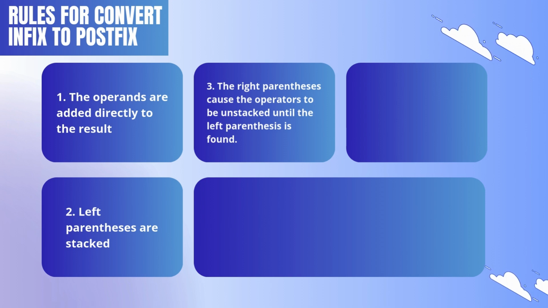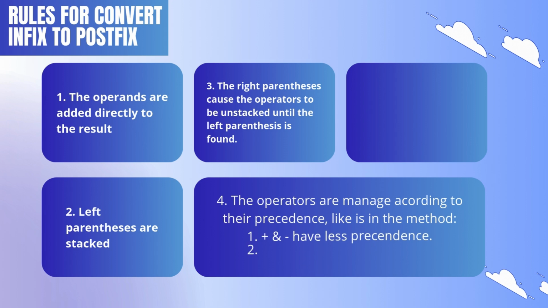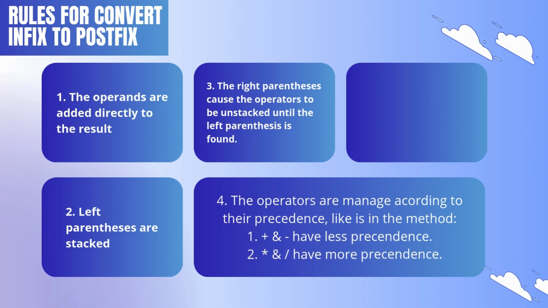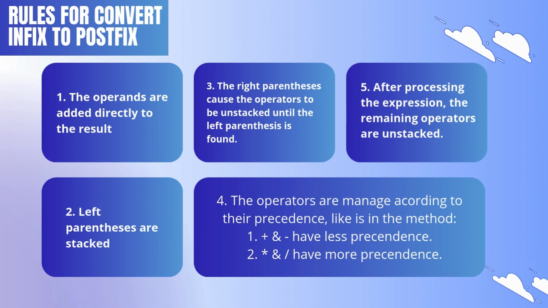Operators are handled according to their precedence. Operators with higher precedence, like multiplication and division, are processed first, while operators with lower precedence, like addition and subtraction, are handled afterward.